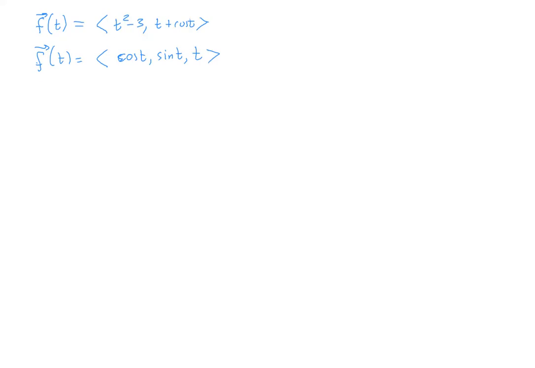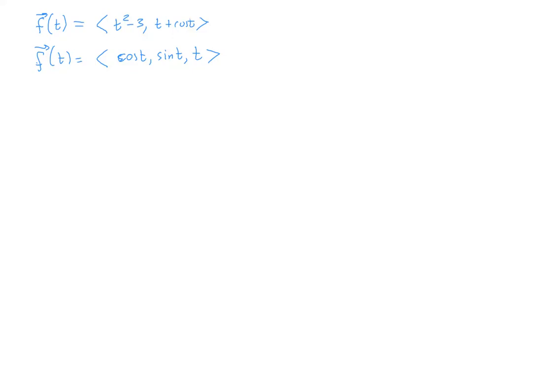So at time t, we consider the point that is the terminating point of the corresponding position vector. Again, recall that when we talk about position vectors, we think of them as originating at 0, 0.